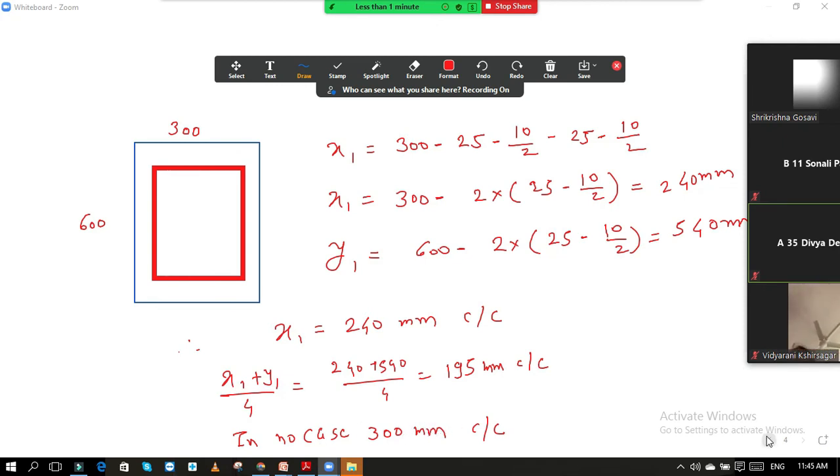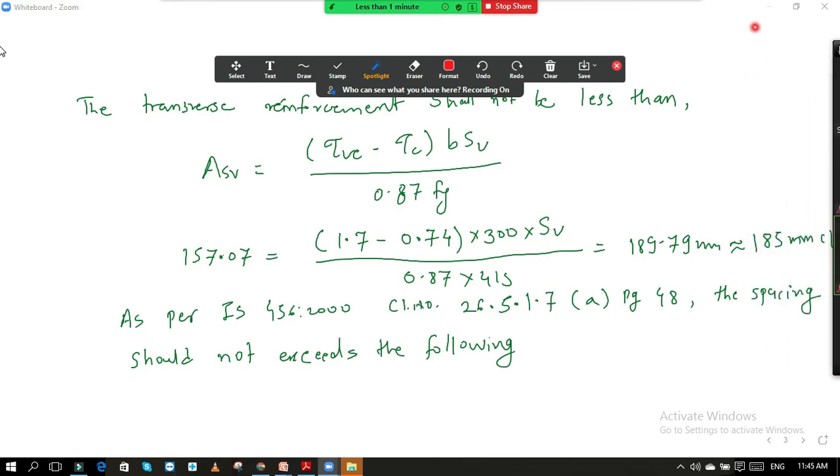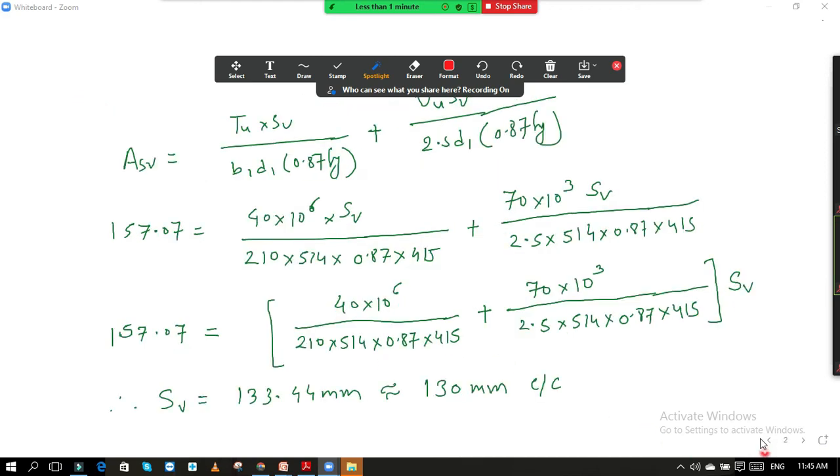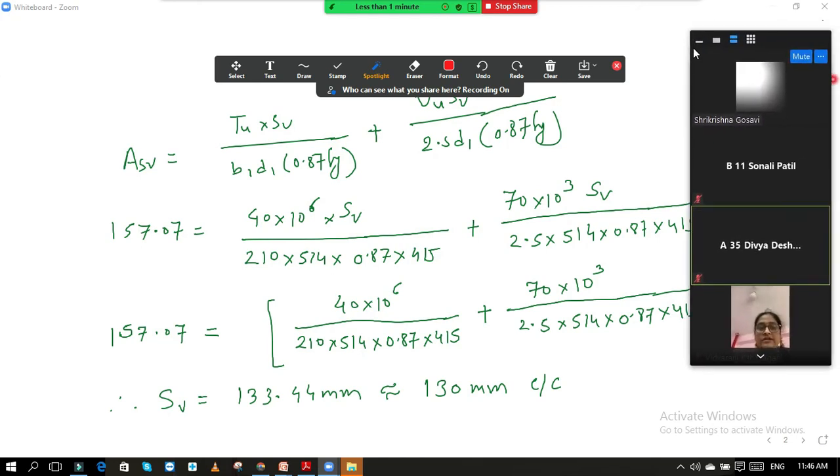And what are our previous spacings? These are our previous spacings. First is 185 mm center to center, and the second thing was we have calculated 130 mm center to center. So how many values are there with us now? 5 values are there with us now.